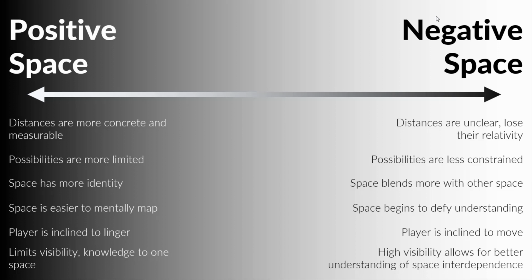Positive space limits visibility and knowledge to a singular space. But negative space gives high visibility and allows us to understand how multiple positive spaces might have interdependence. It gives us an overview of space a lot better than positive space.